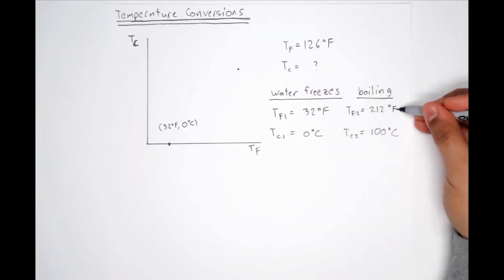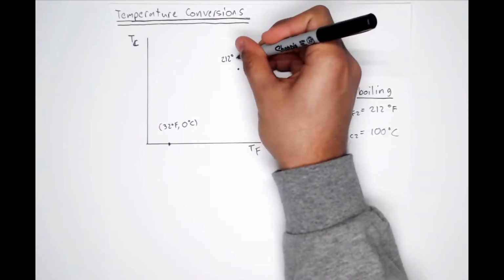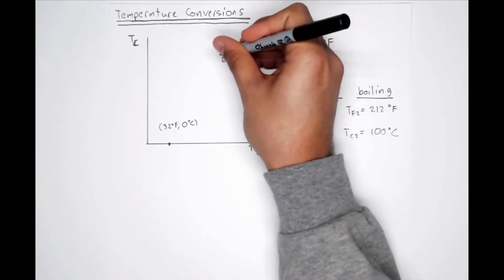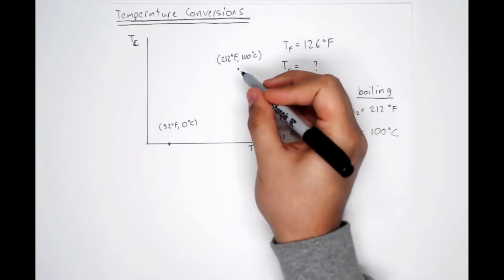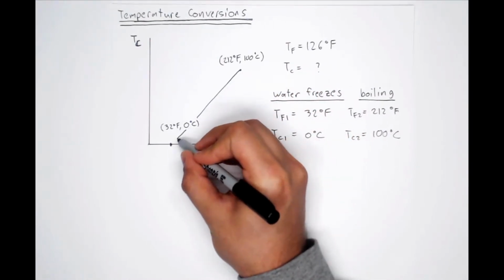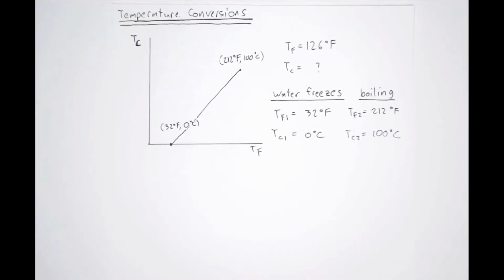This is going to be 212 Fahrenheit and 100 degrees Celsius. Here's our second ordered pair. And essentially by connecting these two together with a line, we are going to have the conversion between Fahrenheit and Celsius.